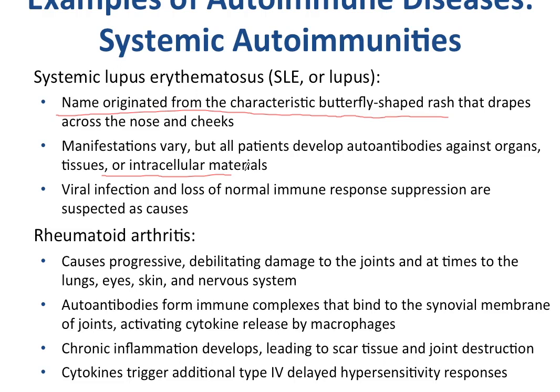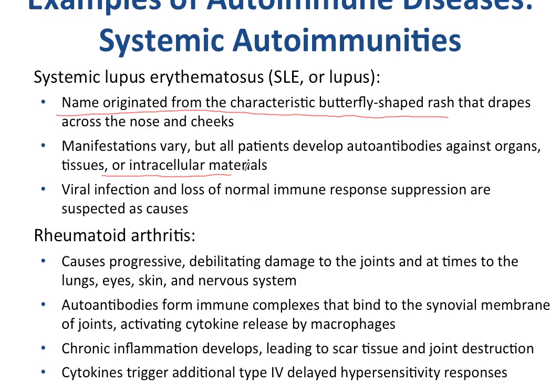However, physicians believe that viral infections are the major cause, because viral infections induce antibodies generated by our body, and the virus particles bind with those antibodies to form antigen-antibody complexes, which cause a problem.